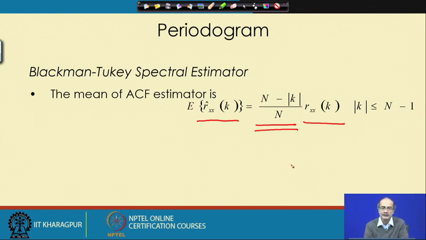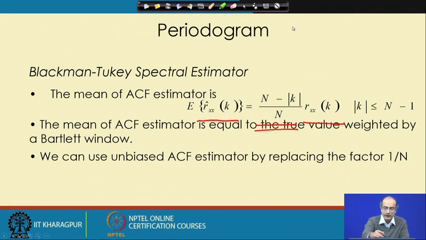So, there is a bias also present. By taking the expectation, we are not getting the true value. The mean of the ACF estimator, at best we can say, is equal to the true value weighted by a Bartlett window. That is the maximum positive we can say.